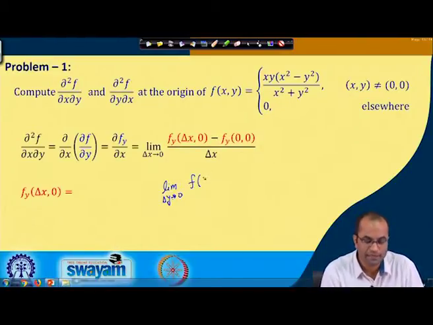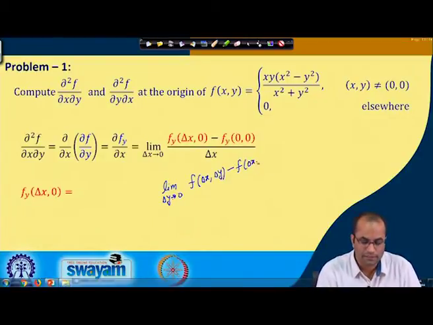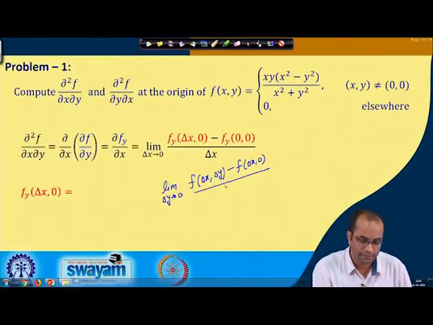The delta x will remain as it is, because we are not touching delta x; we are taking the derivative with respect to y. Then minus the function value f(delta x, 0), divided by delta y.